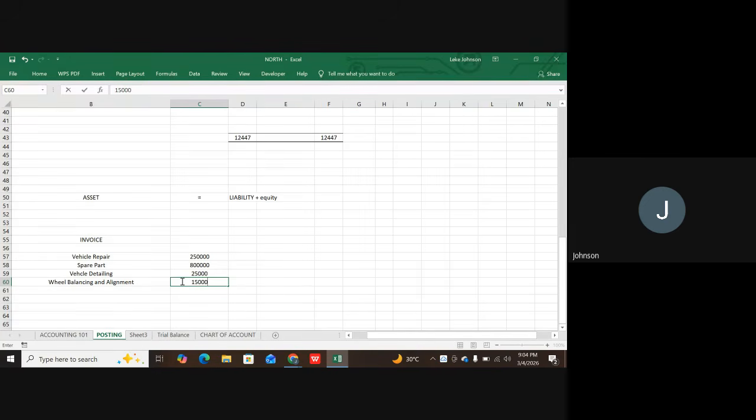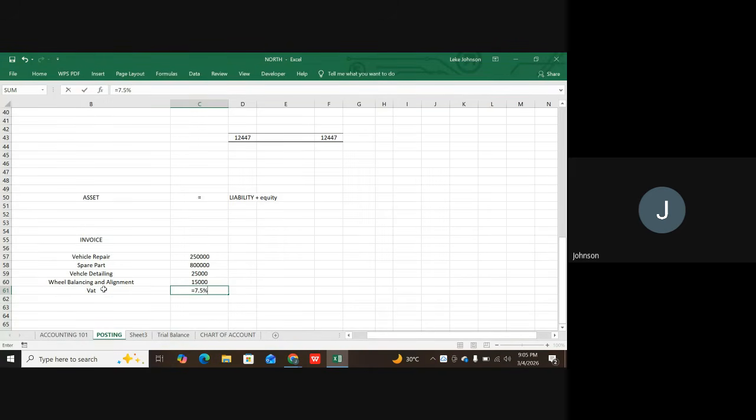Then at the end of the day, we are also going to have VAT on it. So let's have our VAT, which is 7.5%. Our VAT is 7.5%, am I right?